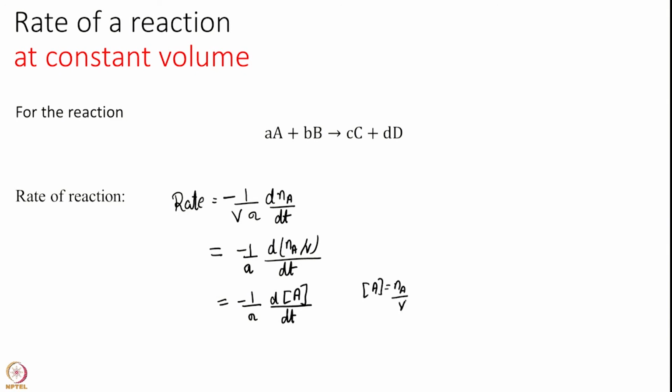So, this formula of rate holds true only for constant volumes. In this course at least we are going to stick to this definition, we are going to assume volume is constant.